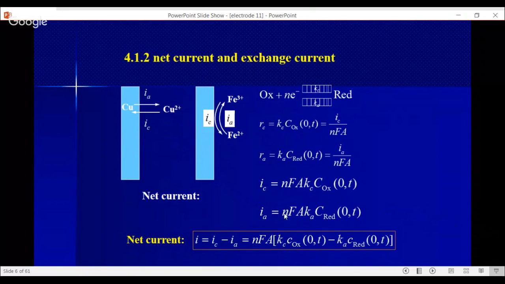IA is also the same way. So the current that we measure is IC minus IA. That is what we call NFA into Kc into C oxidized species minus Ka into C reduced species. This is the simple kinetics, the equation that we will write generally.